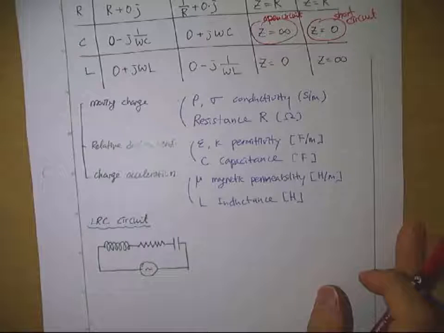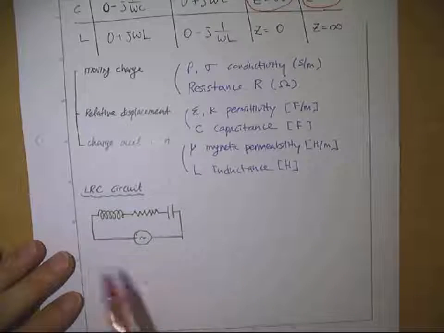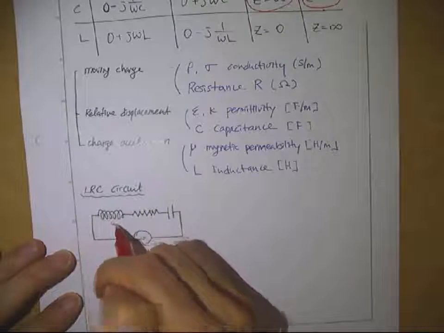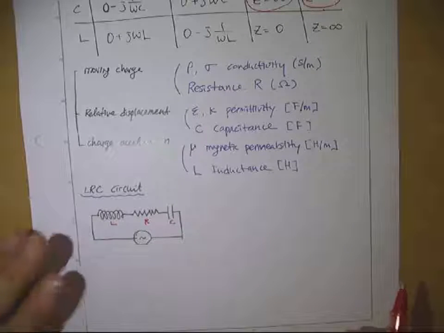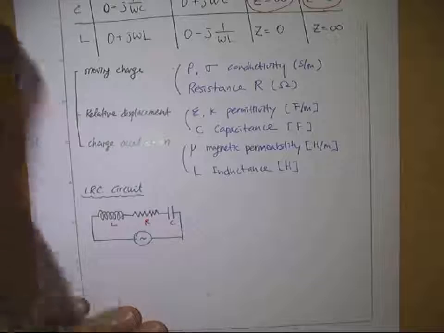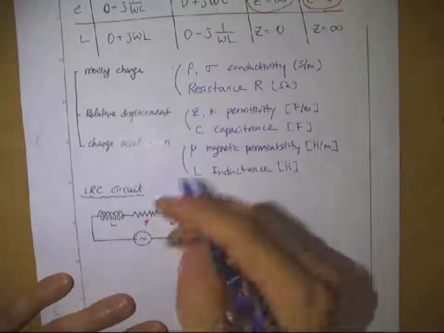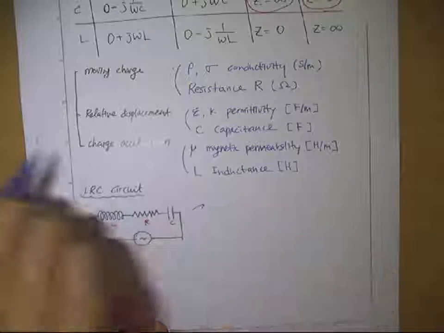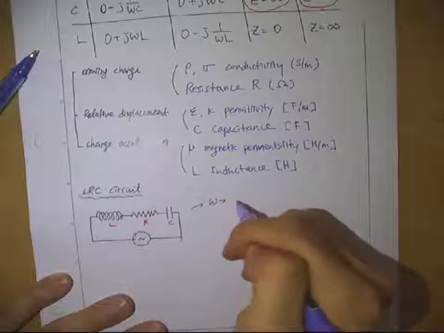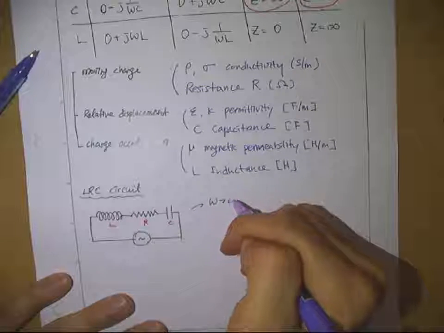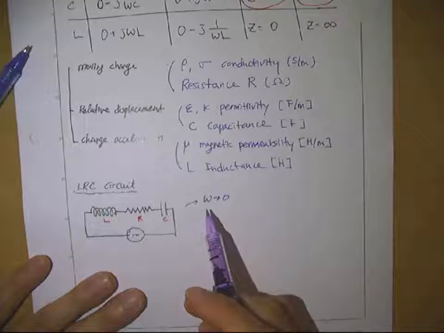So let's think about just a very simple LRC circuit here. You have an L and R, and you have a capacitor C here. When the frequency goes to 0, then what happens?